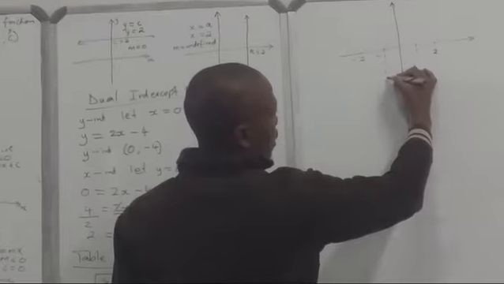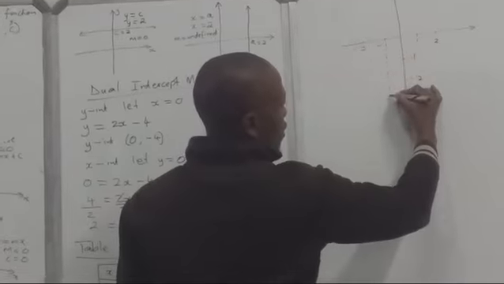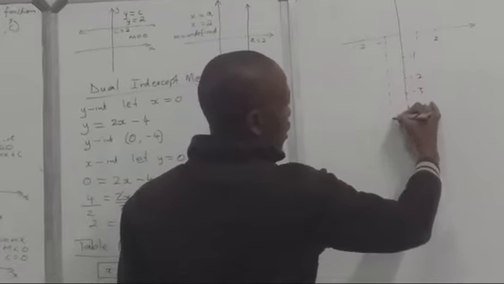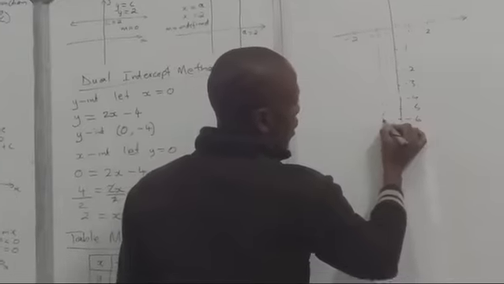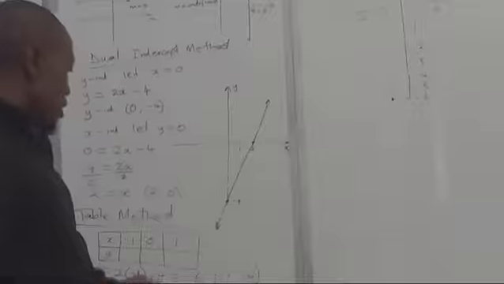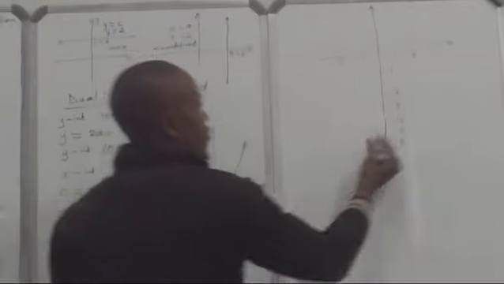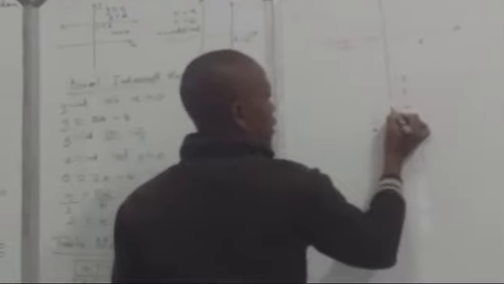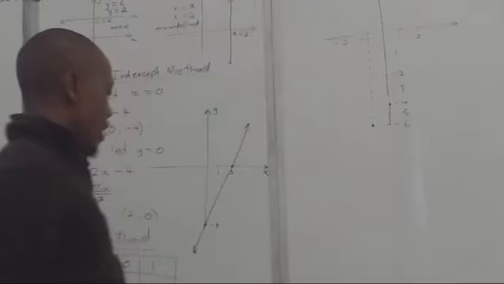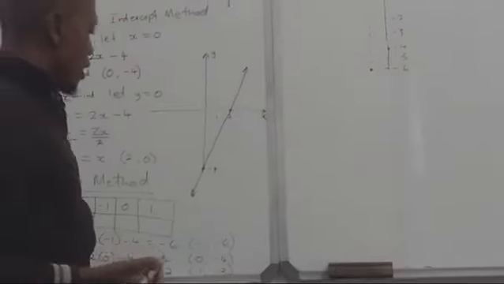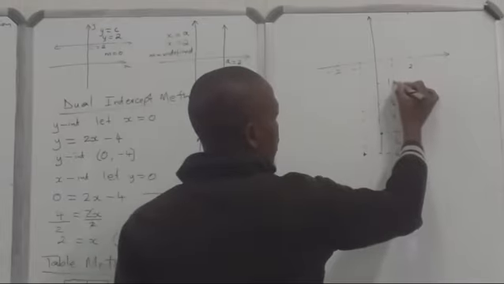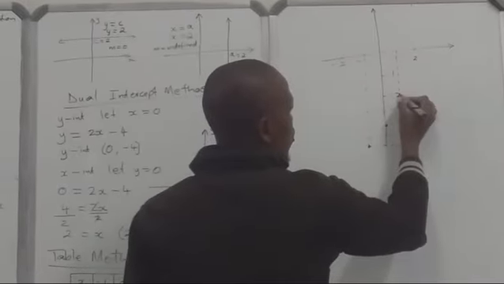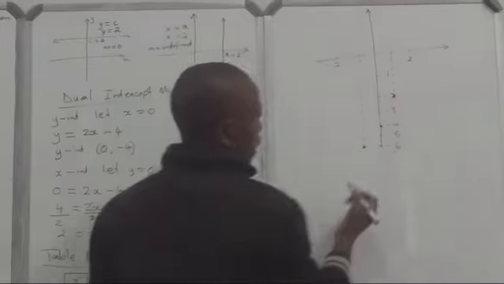So you'll be using a ruler, so you should get a fairly straight line. Alright, and 0 and negative 4, it's exactly on the y-axis. And then 1 and negative 2, it's exactly there.